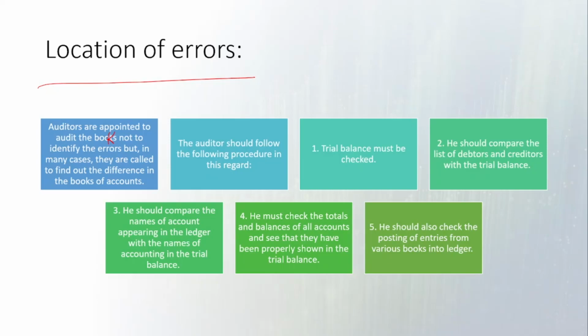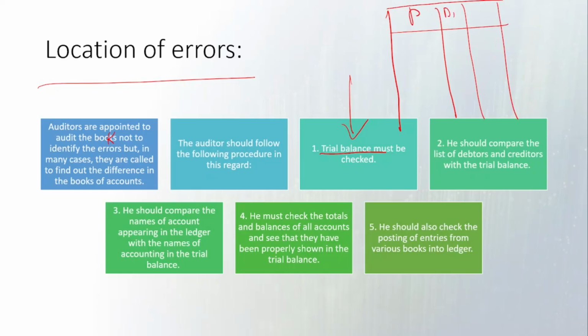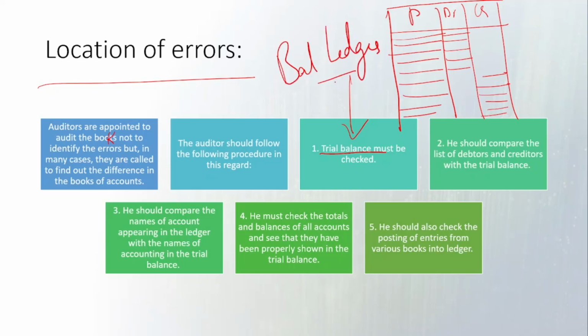The first thing you need to do is check the trial balance. After checking the trial balance, he should compare the list of debit and credit with the trial balance. We know that trial balance will be like this. This column will be particulars. Here it will be debit and credit. You need to check each of the accounts. In the trial balance, the balances of ledger accounts will be there. Then the auditor should check individual ledgers.